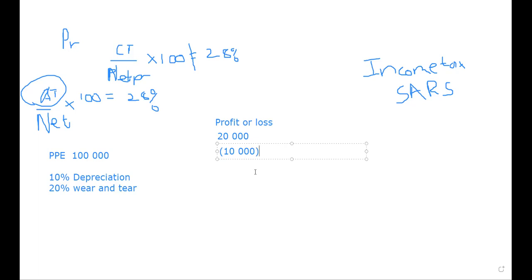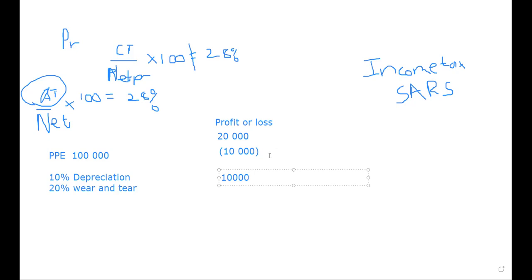The first thing you ask, like as usual, is this a temporary or a permanent difference, this 10,000? And you know that is a temporary difference because it's going to be the same as the wear and tear. So we are okay with that. Now that we have all of this, we can aggregate it, and the amount we get in aggregation is positive 10,000, right?